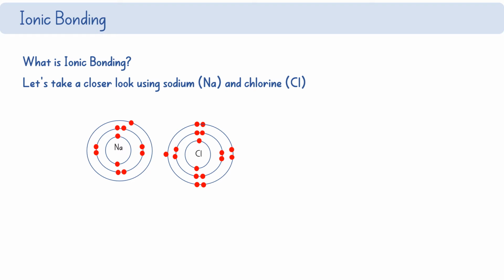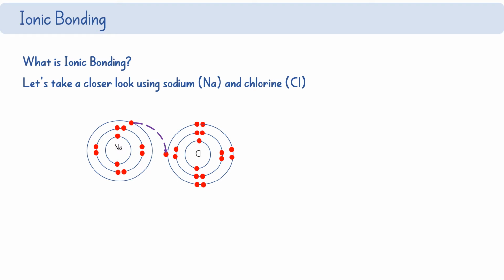So what will happen is the electron from sodium will move and join with chlorine to produce an outside full orbital for chlorine.